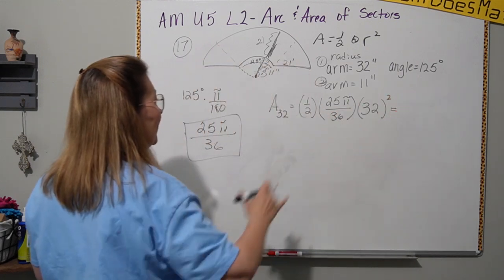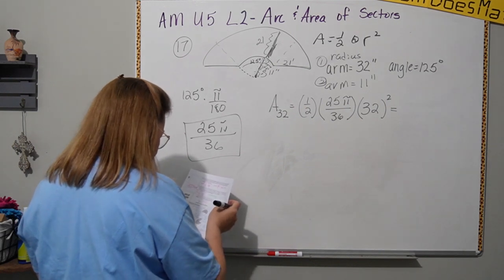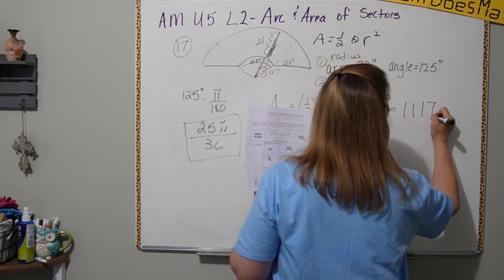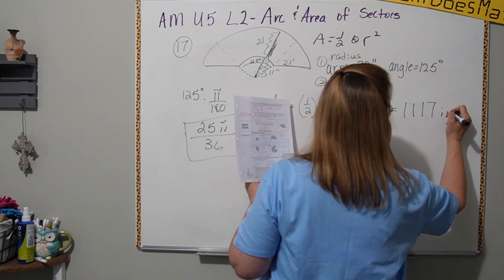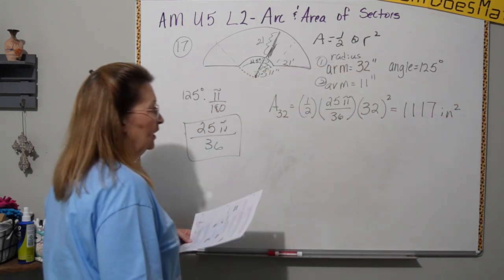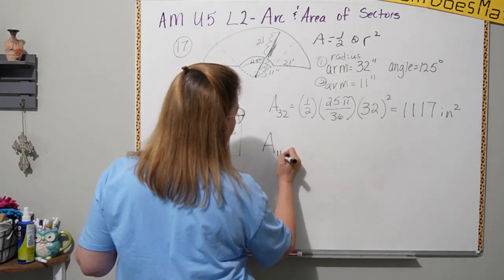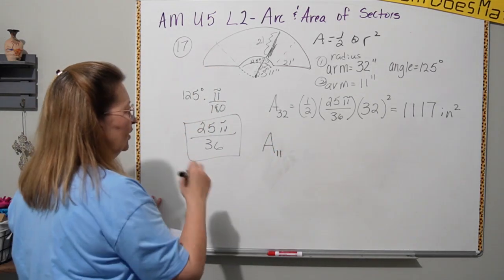And when you do all the math on that, and I would use a calculator if I were you, I did, you're going to get 1,117 inches squared. Okay? Now we need to find the area of the 11-inch radius.